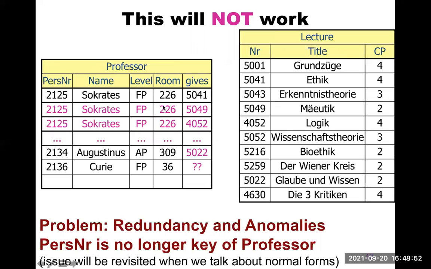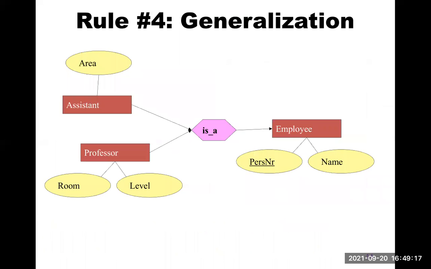If we try to do this the other way, we'll run into anomalies. We'll break the key. Person number is no longer a key, it's duplicated. We'll revisit the situation when we speak about normal forms.